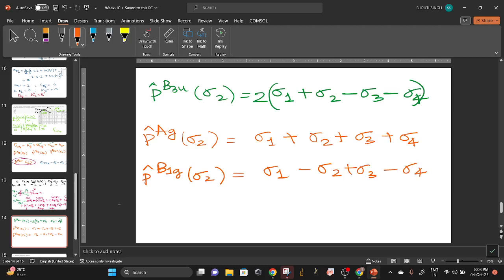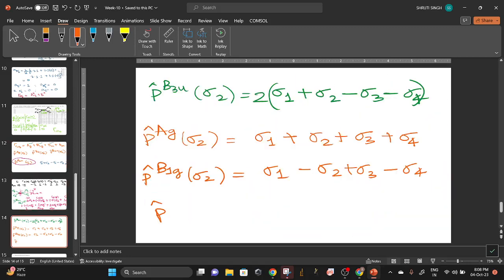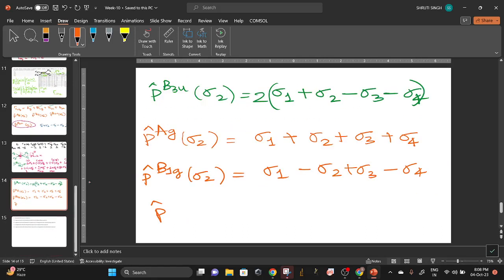And the third is B2U. What we are doing is changing the sign, so this will be sigma 1 minus sigma 2 minus sigma 3 plus sigma 4. Like this you will get it.